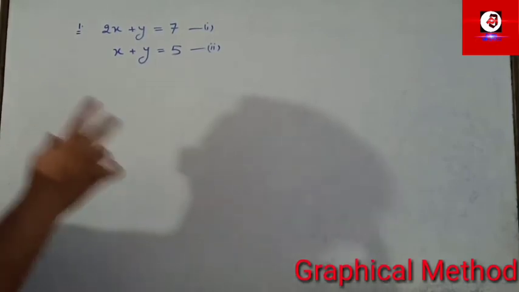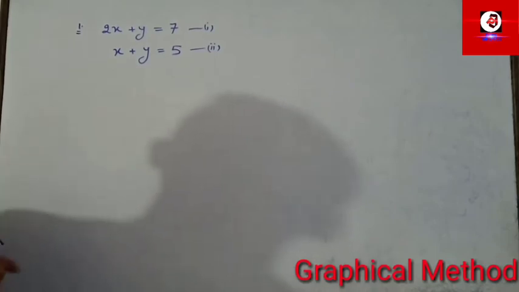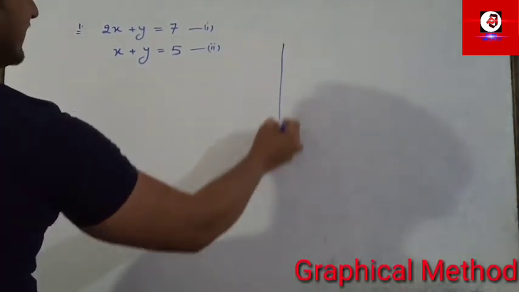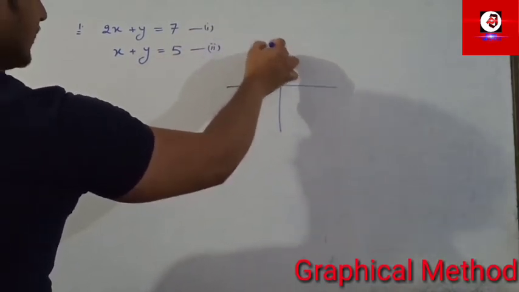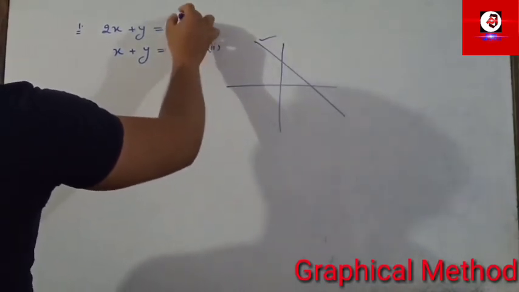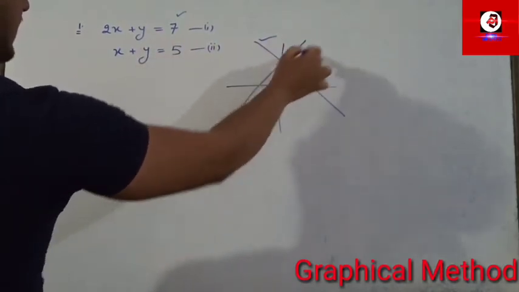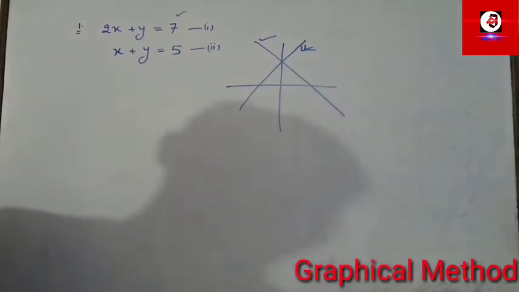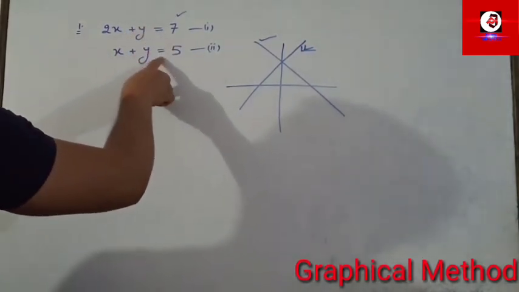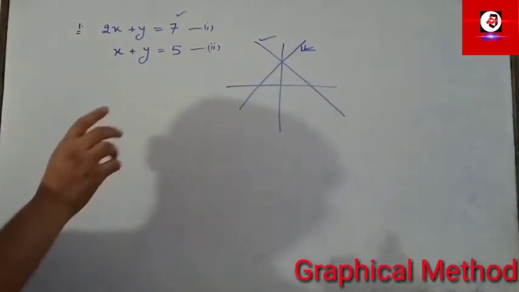These 2 equations represent 2 lines on a graph. For example, this is a Cartesian plane and this is a line of that graph, roughly, and this is another line of the other equation.